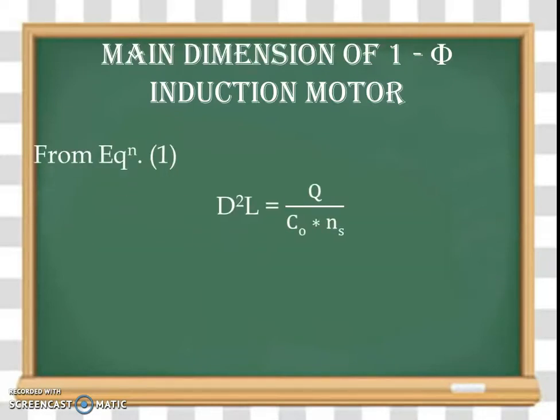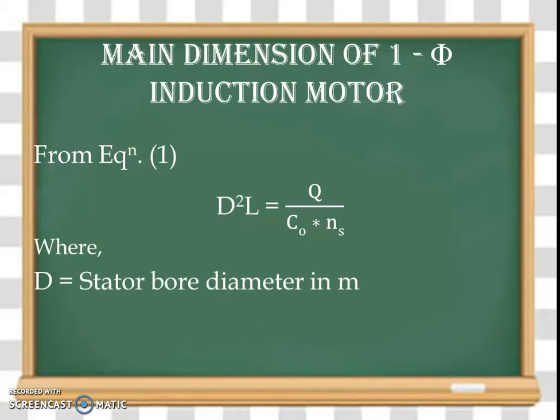From equation number 1, we have an equation for D square L. D square L is known as the volume of the machine, and it can be written as Q divided by CO multiplied by NS, where NS is the synchronous speed in revolutions per second, CO is the output coefficient, and Q is the kVA rating.